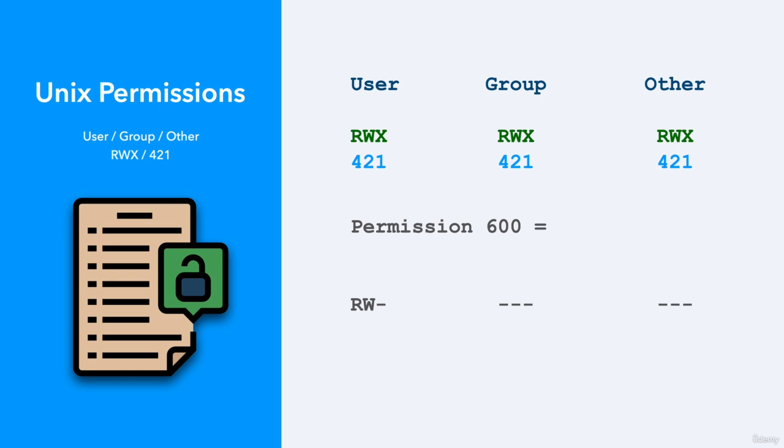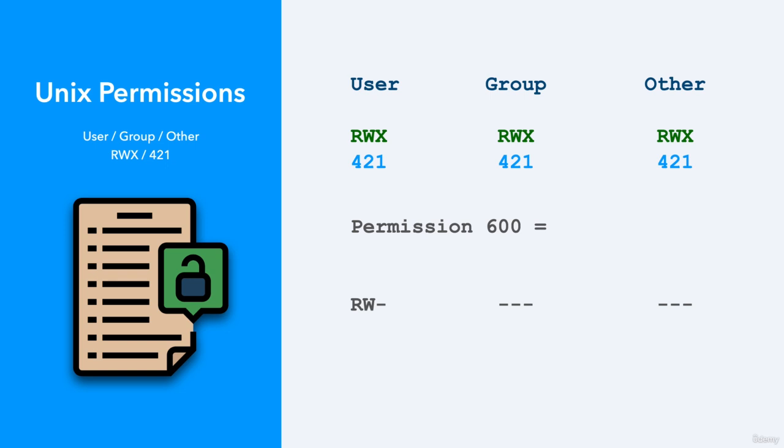Each of these, user, group and other, are split into three RWX possibilities: read, write, and executable, and each has a value. So for example, a permission of 600 would mean that the user would receive read and write, not executable, and group would be empty.